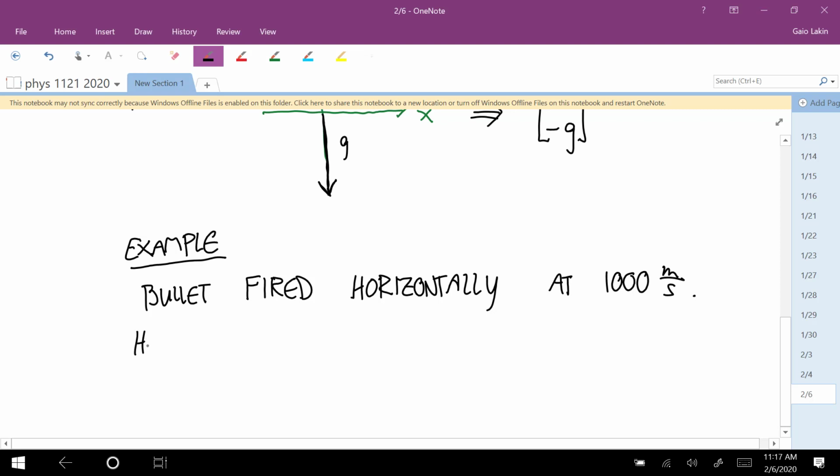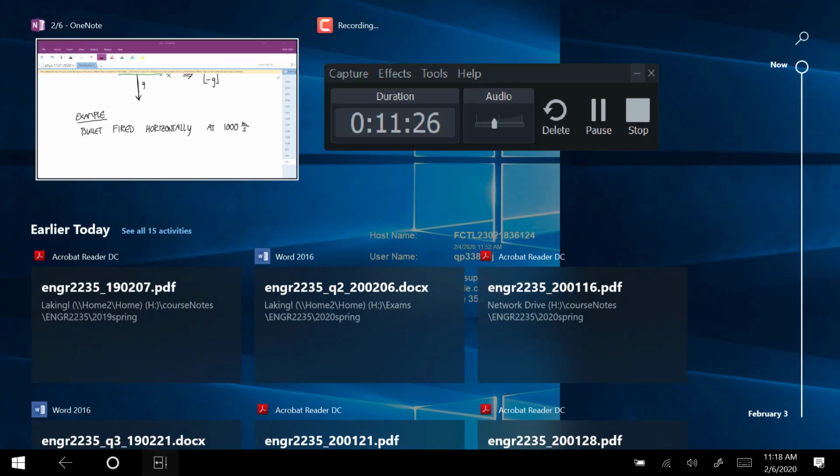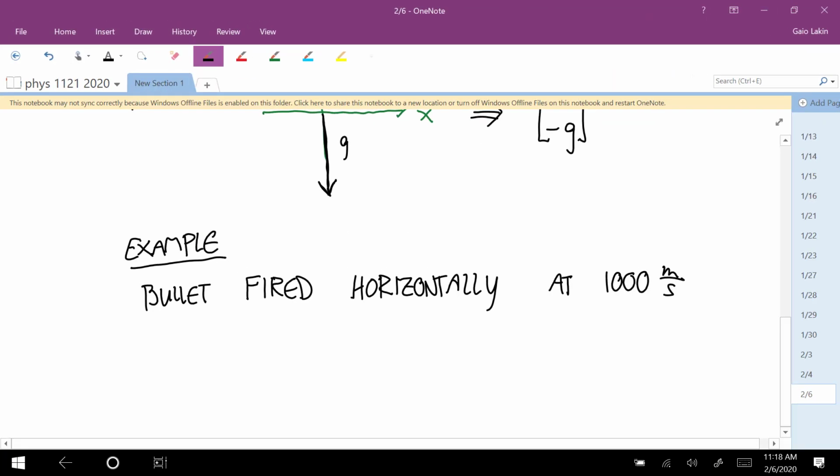How long does it take for it to hit the ground? Let me give an initial height of 1 meter. Okay, how long does it take to hit the ground?